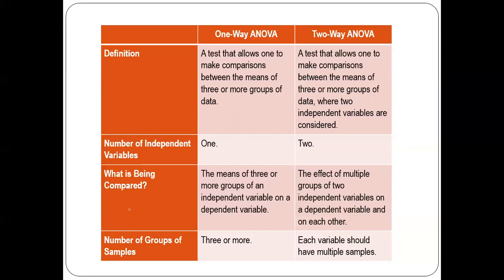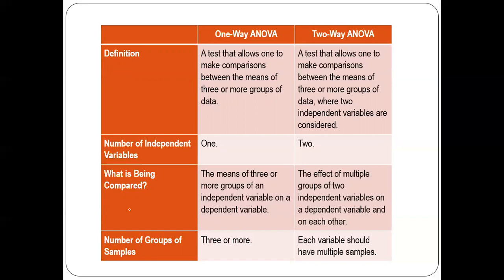One-way ANOVA looks at the means of three or more groups of an independent variable on a dependent variable. Two-way ANOVA looks at the effect of multiple groups of two independent variables on a dependent variable and also on each other. So the number of groups of samples for one-way ANOVA is usually three or more, and for two-way ANOVA, each variable should have multiple samples.